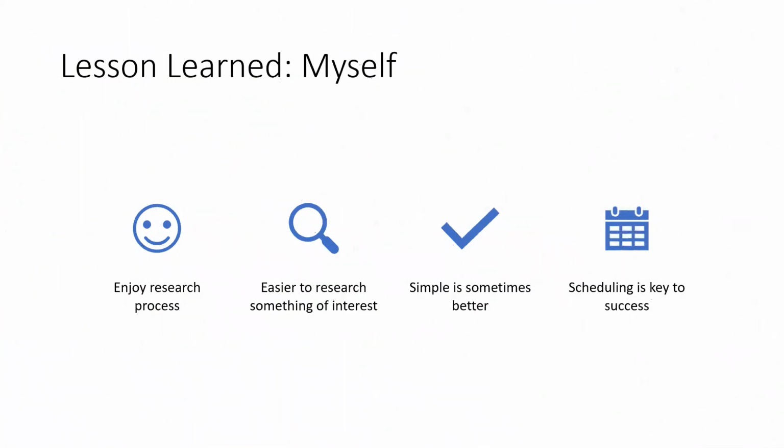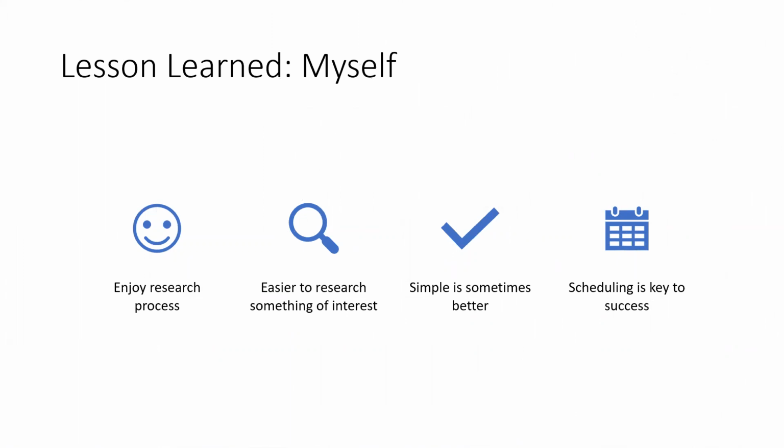What I learned about myself. I really enjoy research. That's one thing I've learned. And it's much easier to do research on something when you're interested in it. So that was important with topic selection, ensuring that I found a topic that I found personally interesting. Simple is sometimes better.